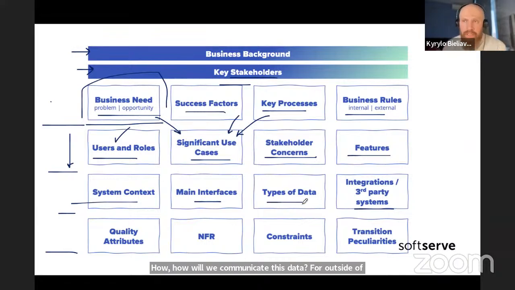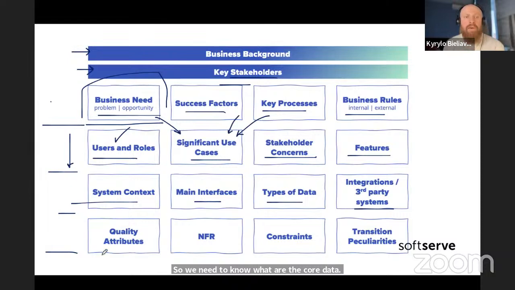And what types of data are there? There are no IT projects without data. It's always about data. Some are data centric, like big data products, but any product has certain types of data in it. So we need to know what the core data is, what data we are operating with.